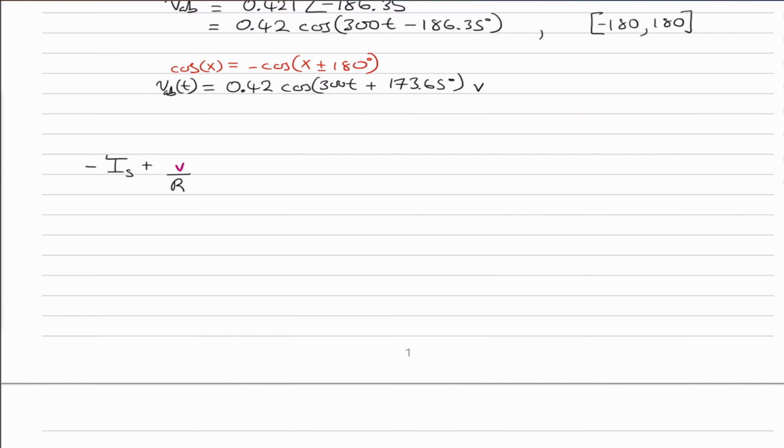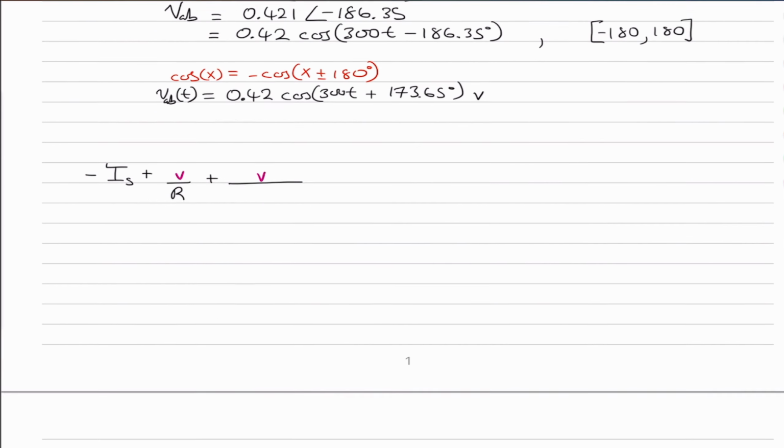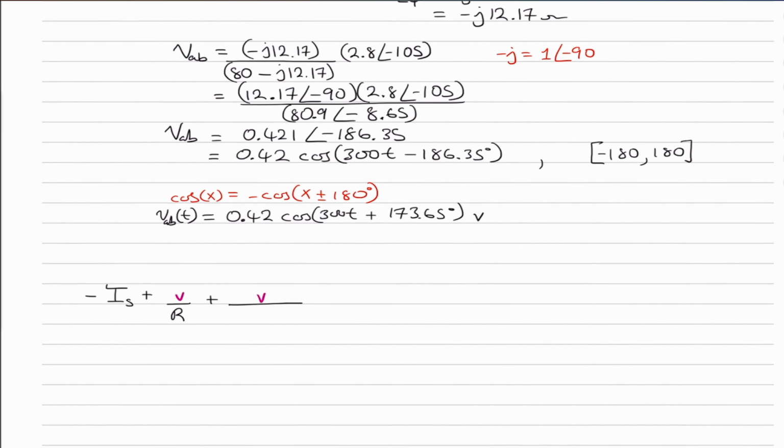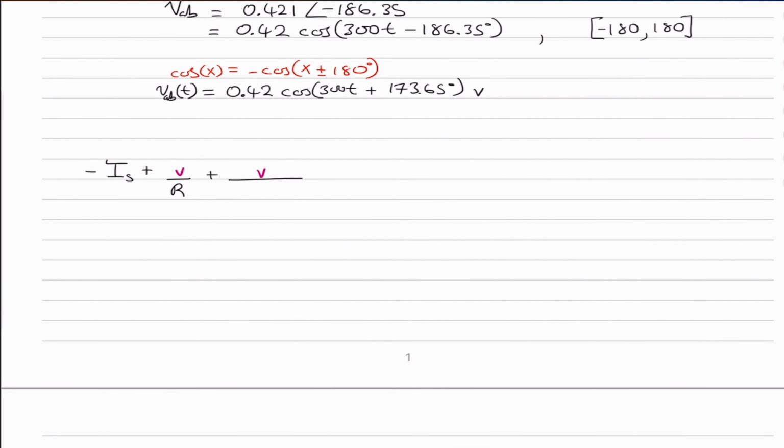We can just use R to represent that, plus V again, all over the total impedance in that branch. We're taking V with reference to ground, so V minus 0 volts divided by the total impedance in that branch. So that is 1 over j omega c plus j omega l, which is equal to 0.